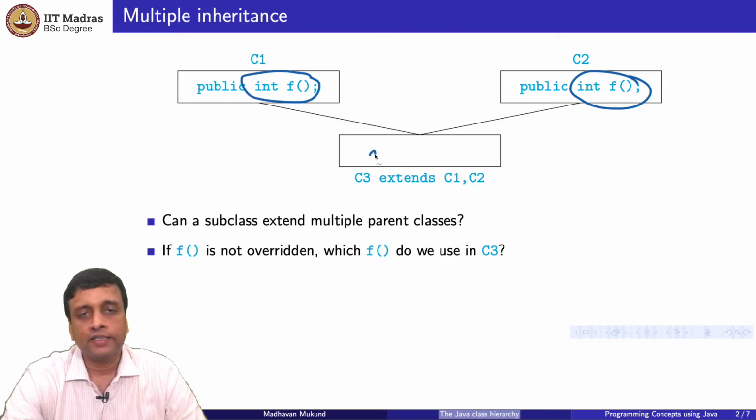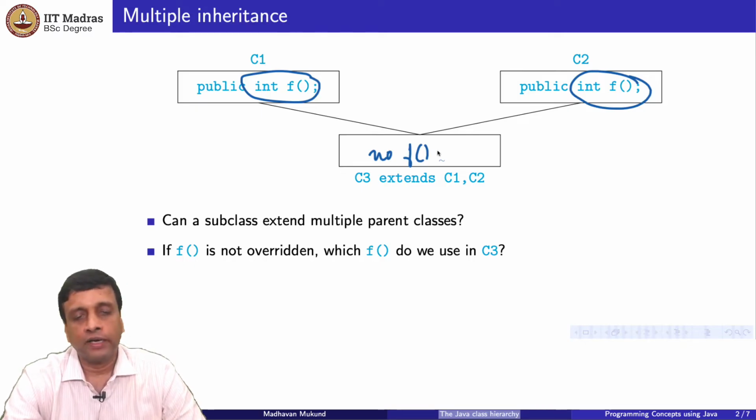So C1 defines an f, C2 defines an f, and supposing C3 has no f here. So if C3 does not have an f, then it has to inherit this f from the parent class. But now there are two possibly contradictory definitions of f for it to use. So which one do we use? Right? So this is not easy to resolve.